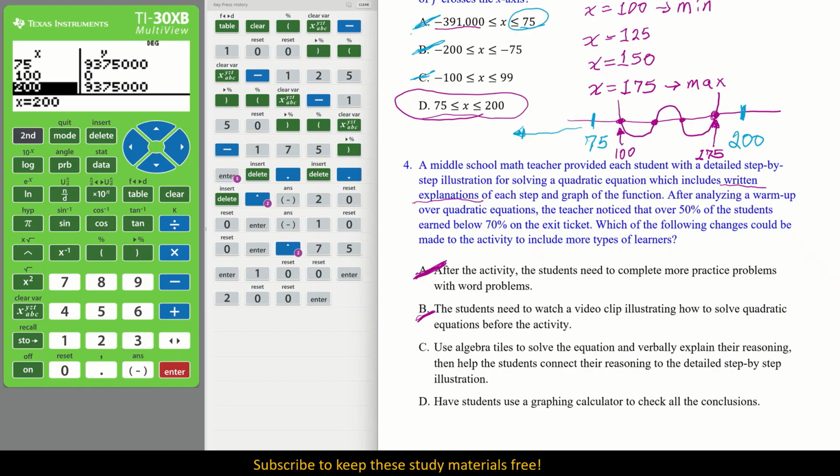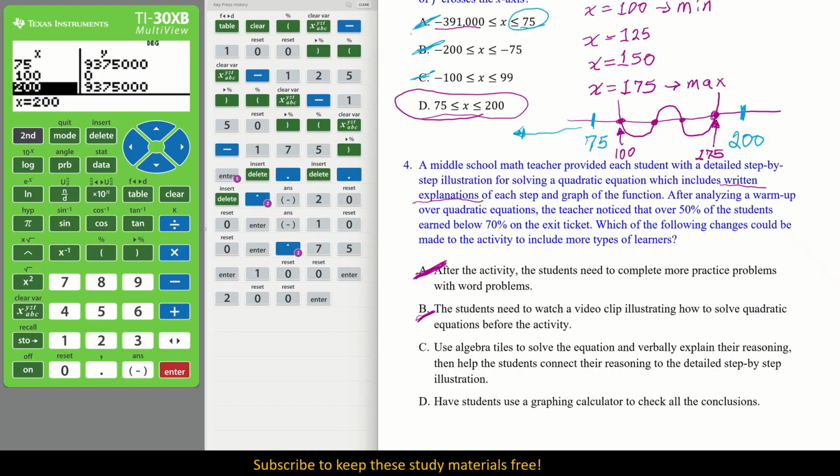So let's look at C. Use algebra tiles to solve the equation and verbally explain their reasoning. Then help the students connect their reasoning to the detailed step by step illustration. That I agree with. And sometimes it seems kind of silly, and the students want to play around, yes.